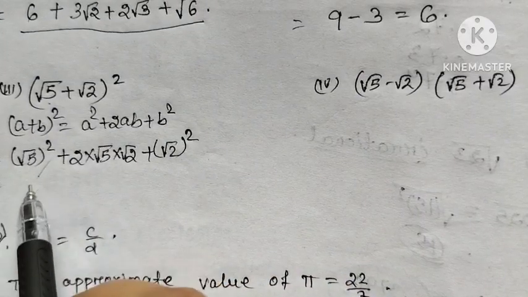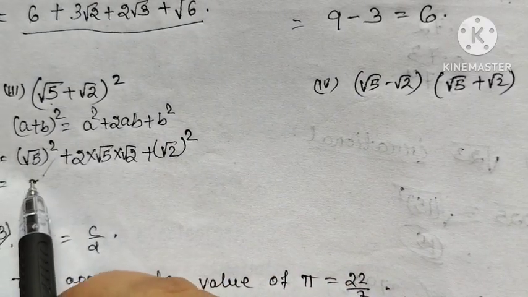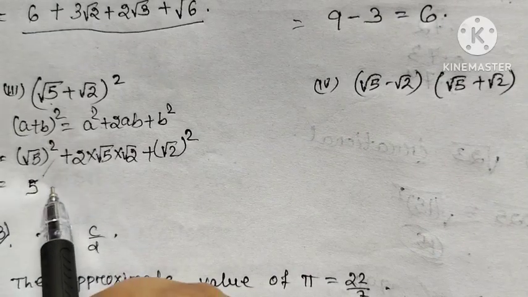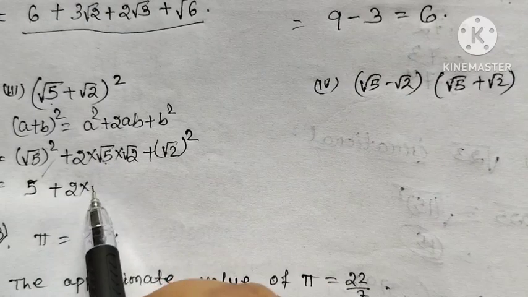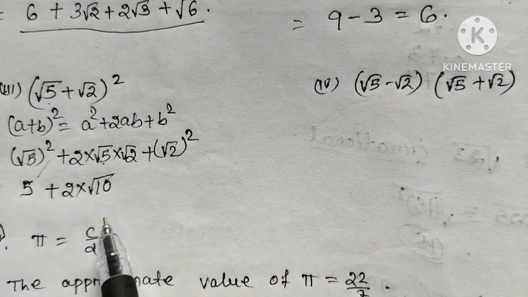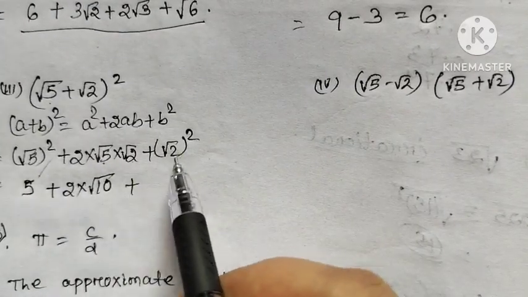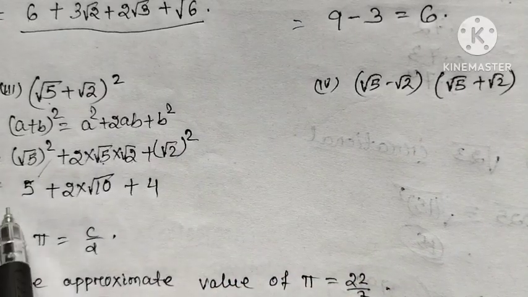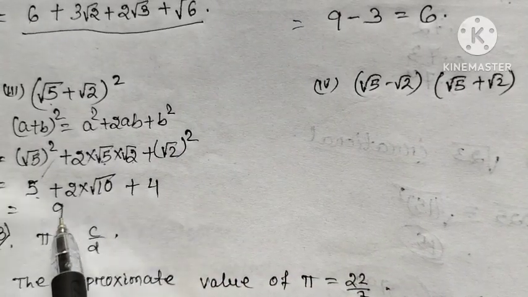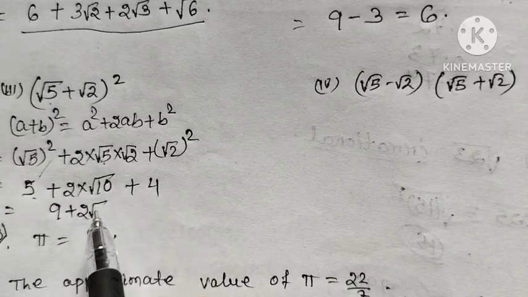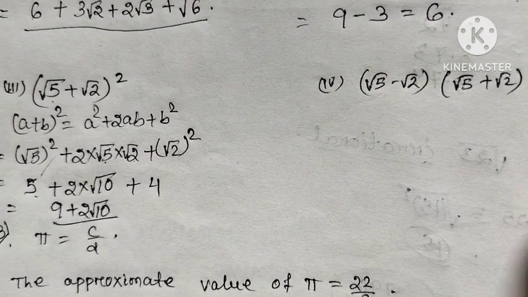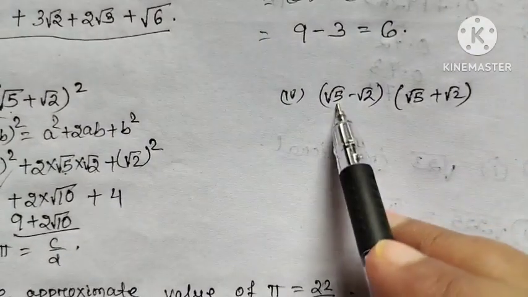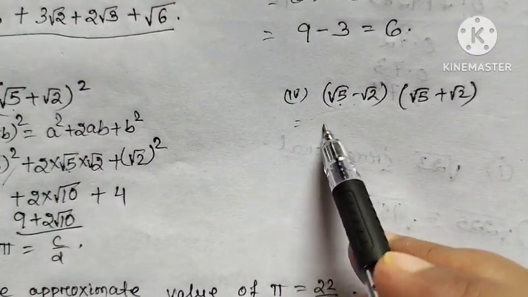Root 5 square is what? 5, plus 2 into root 5 into root 2, which is root 10, plus root 2 square, which is 2. Then 5 plus 2, 7 plus 2 root 10. This is the answer.